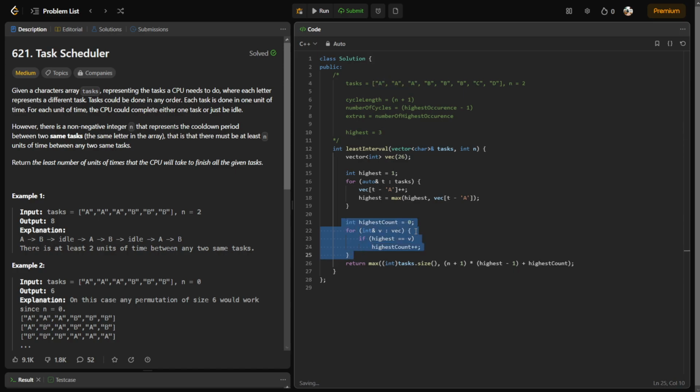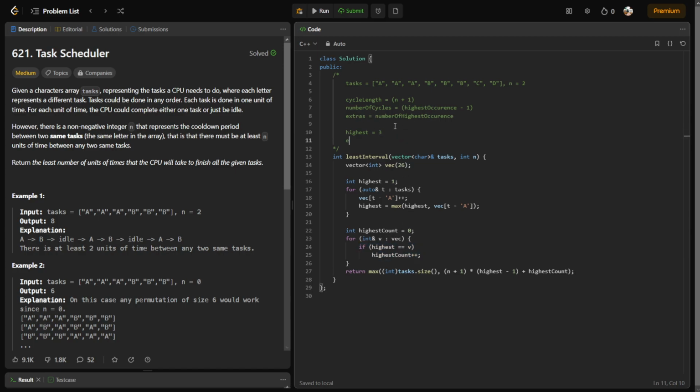And then here, I'm getting the number of highest occurrence, right? That's why I'm iterating through the vector one more time just to get the number of highest occurrence. So for this case, the extras would be 1, or more like this will be 2, right? Because there are 2 occurrences of 3 characters. Okay, then we put it into our formula.